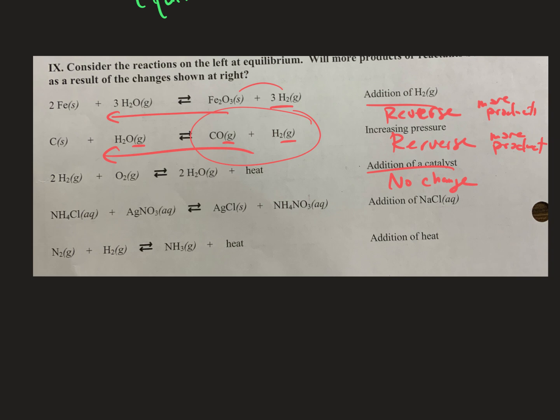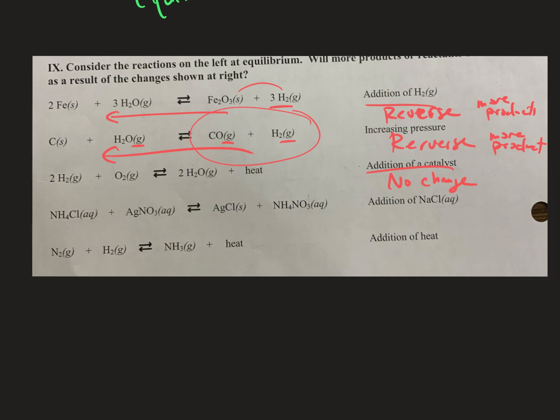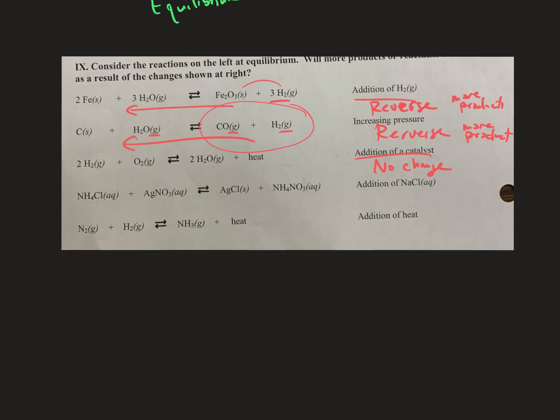Okay, the next one, you have to apply what we learned in different types of chemical reactions to be able to figure this one out. So let's do this one. If we add sodium chloride, do we see sodium chloride here? No, we don't, but what kind of reaction is this?